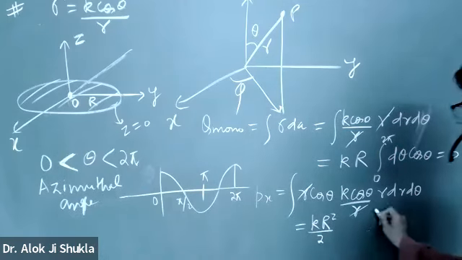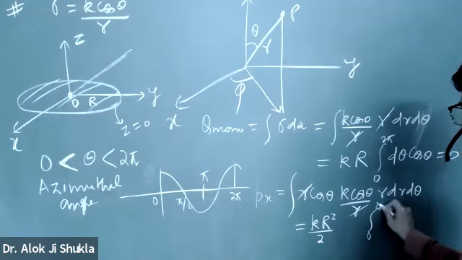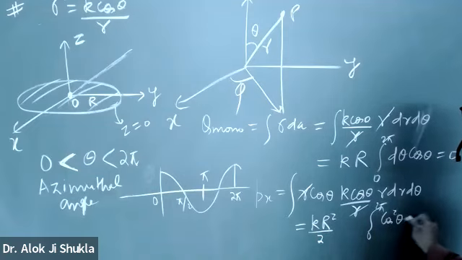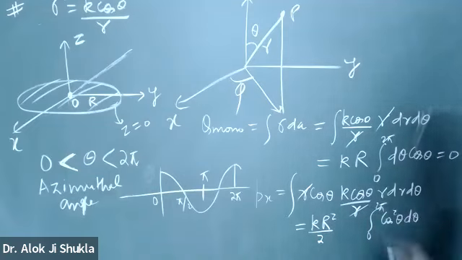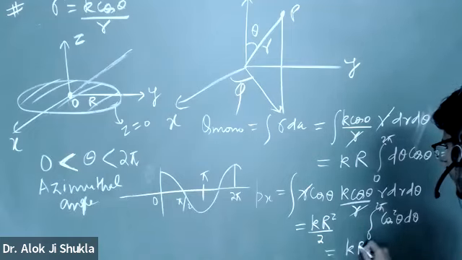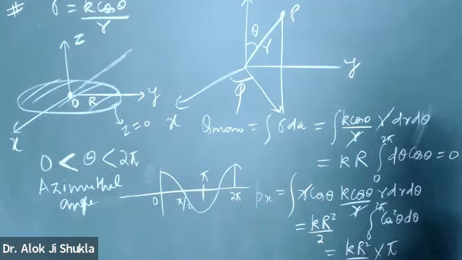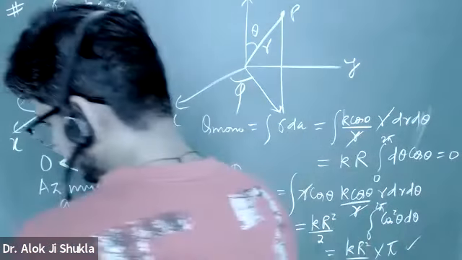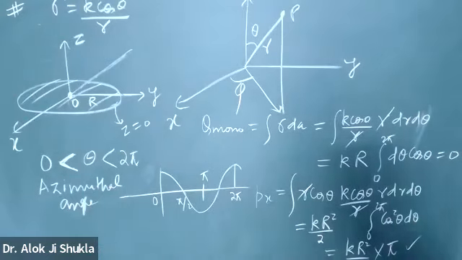And this will give integral 0 to 2 pi cos square theta d theta. This is just upper limit by 2. So it will become k r square by 2 into upper limit by 2, which is pi. So this will be the answer, Px. देखो ठीक है. So Px is finite.